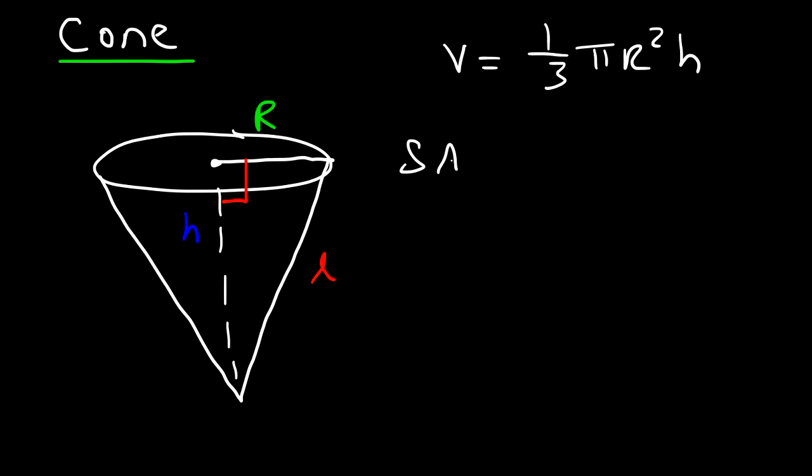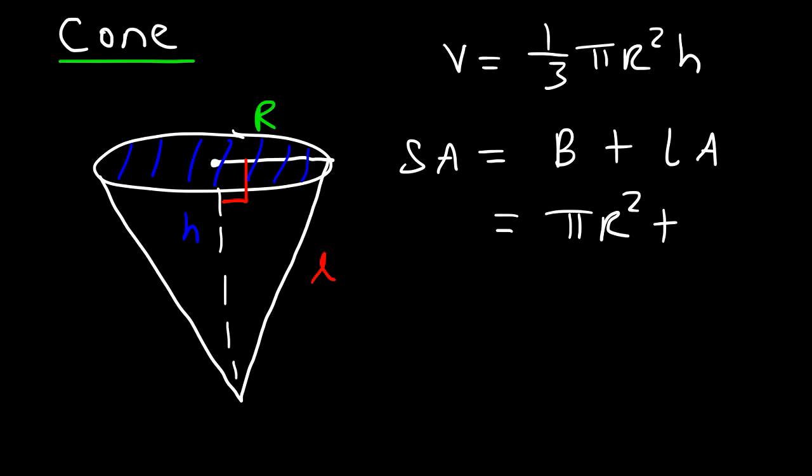Now the surface area is the area of the base plus the lateral area. Just like before, we know the area of the base is the area of the circle. And there's only one circle this time, not two like in the last problem. So it's 1 pi r squared as opposed to 2 pi r squared. Now the lateral area is the area around the cone, and it's 1/2 the perimeter times the slant height.